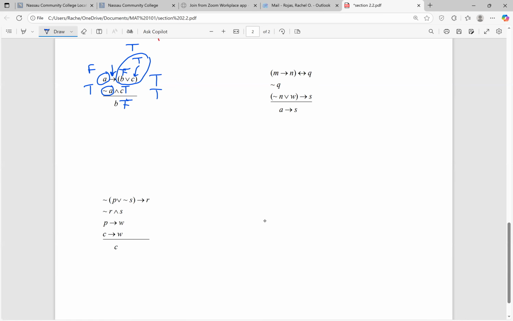And that would lead to an invalid argument, right? And that would be a counterexample. So this is an invalid argument. And my premises are true, but my conclusion is false, when A is false, B is false, and C is true.